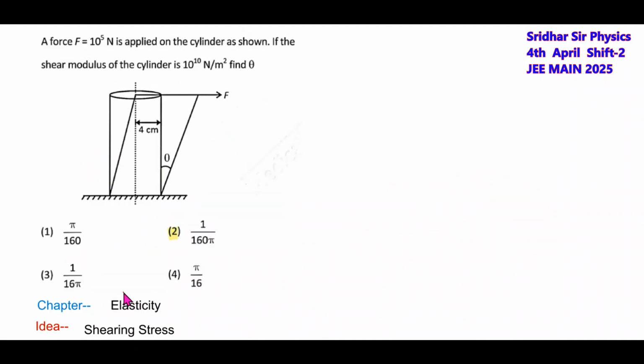This question belongs to the chapter elasticity, the concept of shearing stress or rigidity modulus, also called shear modulus. According to the definition, F by A by tan theta will be eta. Here the force is applied tangentially on this surface, and we know the area of cross section.